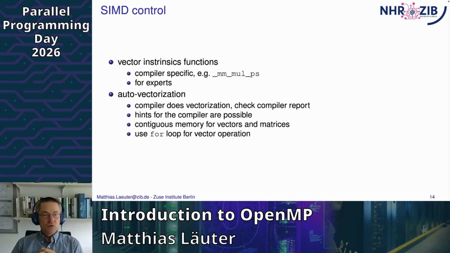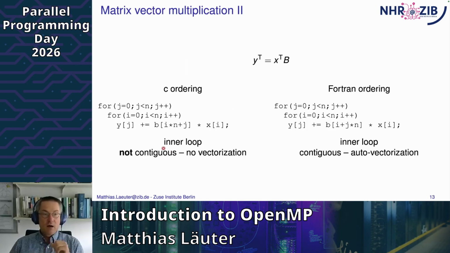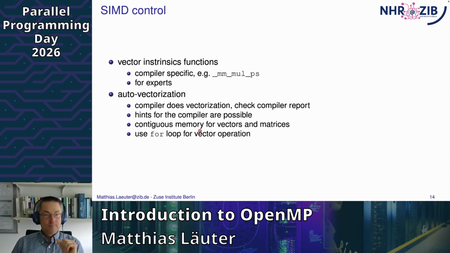And usually the compilers do a very good job. They can do the job if we give them the vectors and the data contiguous in memory. So our task is to set up our memory in a way that the compiler can do its job. Okay.